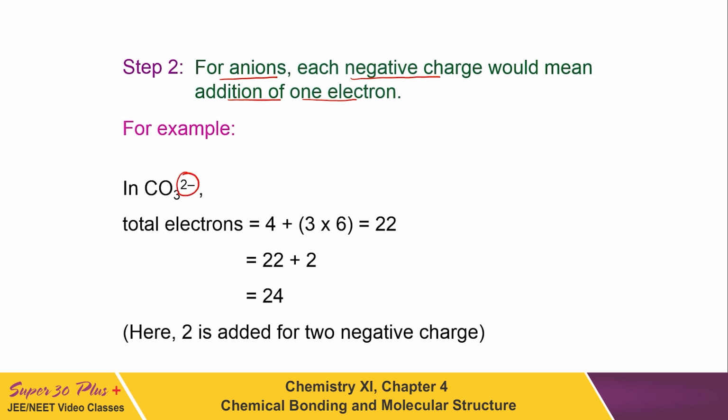So the total electrons will be 4 for the carbon, 6 for each oxygen, and there are 3 oxygens, so 22. Along with this 22, now we will add 2 electrons because of this negative charge. So in total it becomes 24, and here 2 is added for the 2 negative charge.